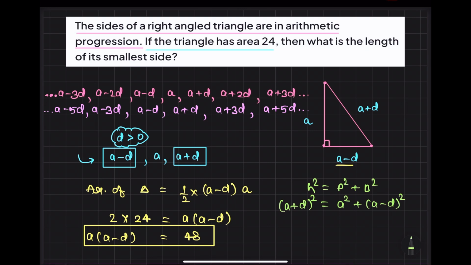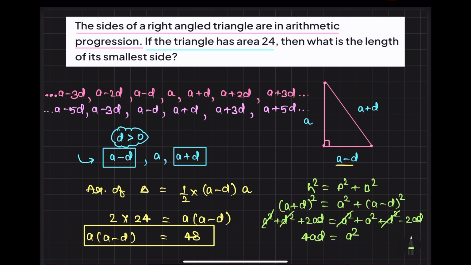So you can simplify things. So a square plus d square plus 2ad equals a square plus d square minus 2ad. So a square gone, d square gone, then 2ad will come this side, so we will have 4ad equals a square.